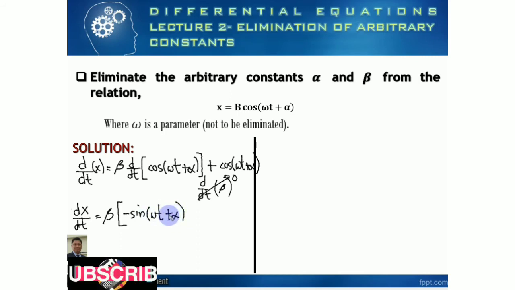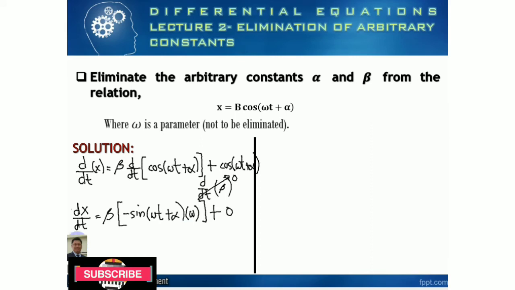Since alpha is constant, we are only up to omega t, so this is times omega. And then plus this, which is 0; 0 times the cosine is just equal to 0.